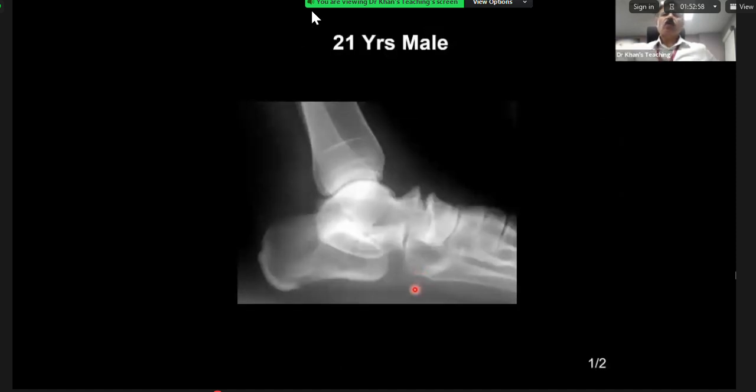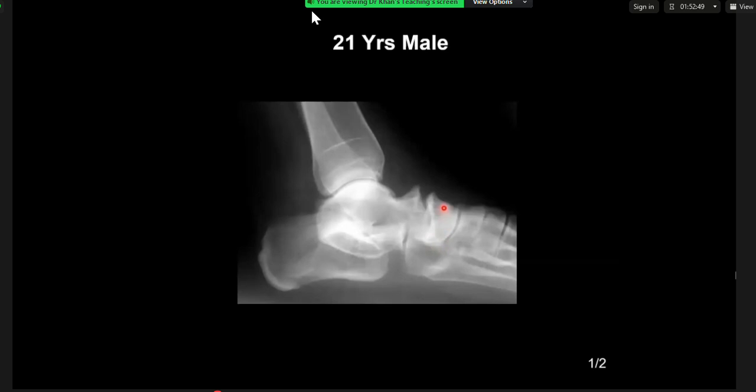Because of film factor, I will just describe the film and ask you a leading question. There is a sign there, and this time the coalition can be diagnosed just from this X-ray.